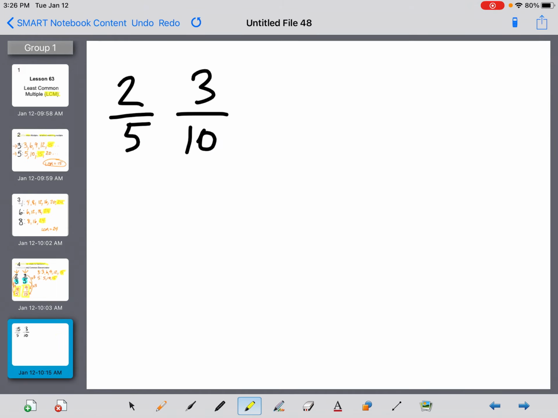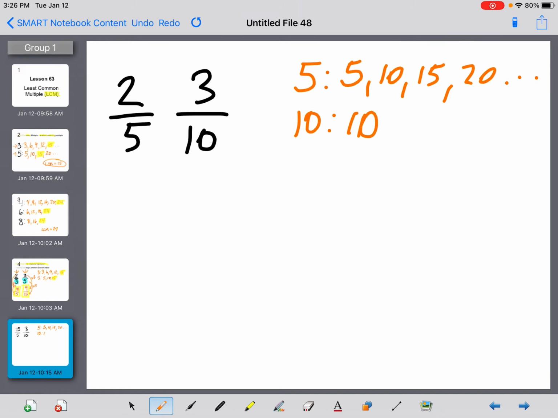And then I just want to show you one more example here, is that sometimes you'll have fractions like this. So if you're asked to find the lowest common denominator here, you could set that up. We've got a 5 and a 10. So I can start listing multiples, 5, 10, 15, 20, etc. But then you'll notice that right away we have a matching number.